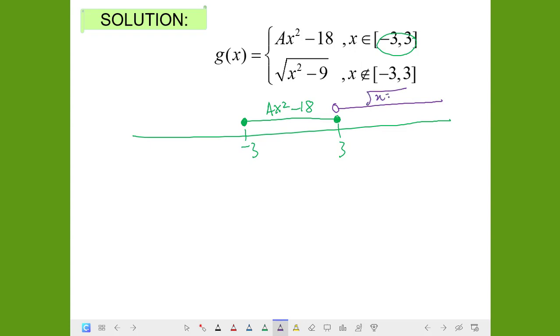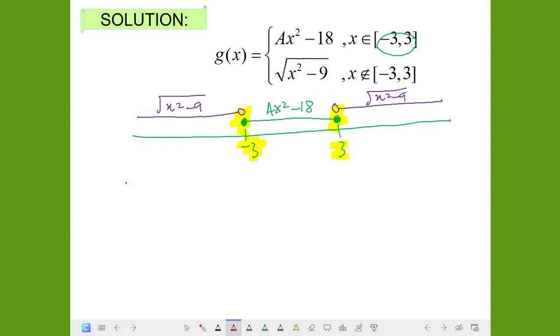The function is x squared minus 9. Also not equal, from negative infinity to negative 3 included. The function is the square root of x squared minus 9. So now at this point or at this point, continuous.